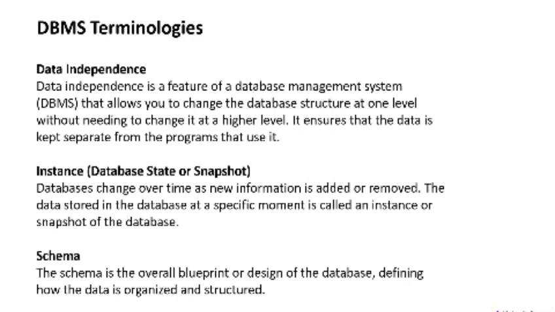Imagine you have different layers in your database, like foundation, walls, and roofs in a building. You can change the foundation without needing to change the walls or the roofs. The separation ensures that data is kept independent of the programs using it, which makes the system flexible and easier to maintain.